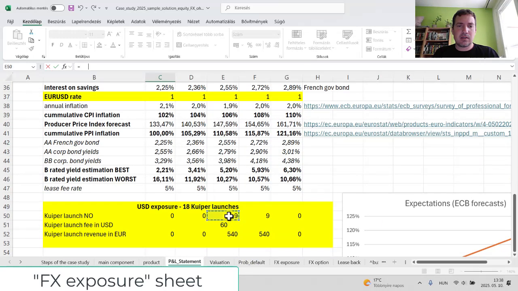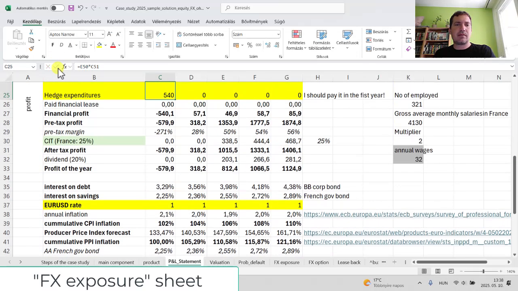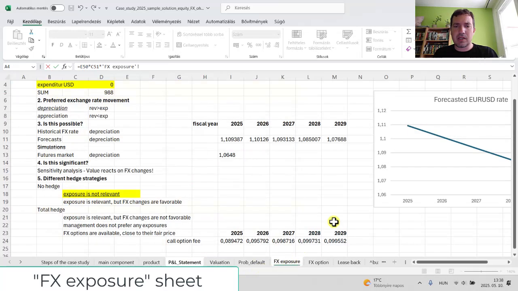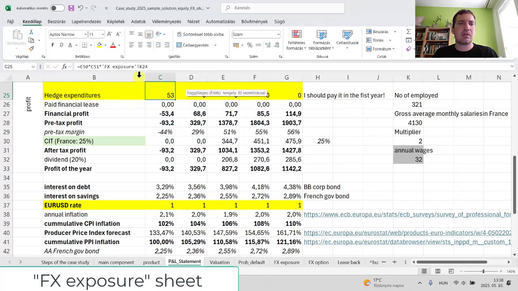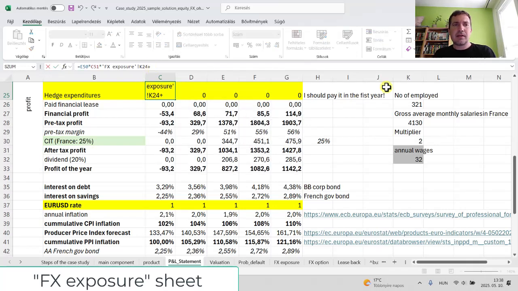So we have 9 ounces for this fee. Then we have to multiply it with the exposure or the call option fee here. Okay, I don't know what was the problem, but I solved it.